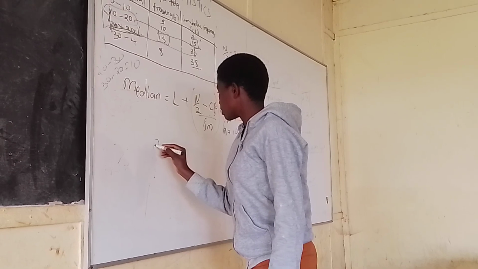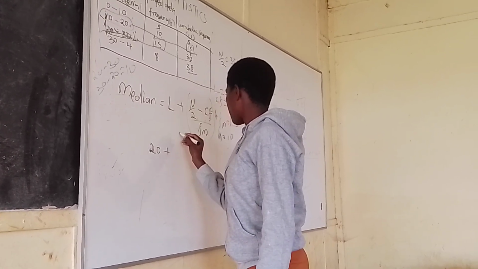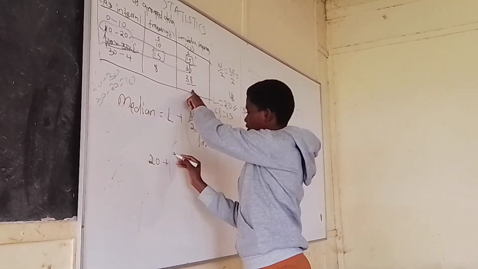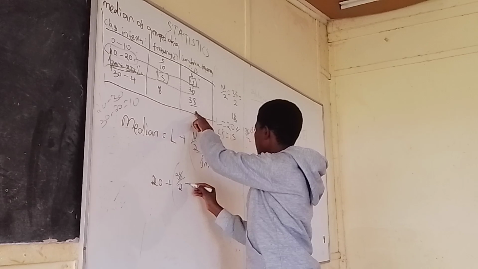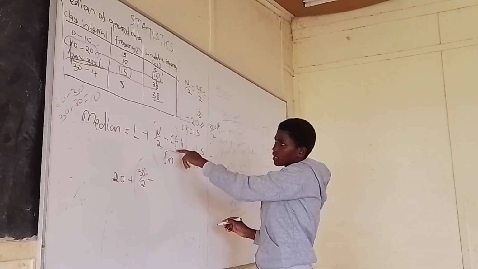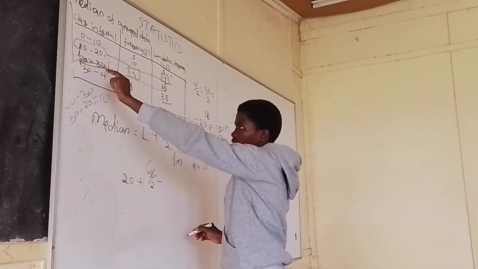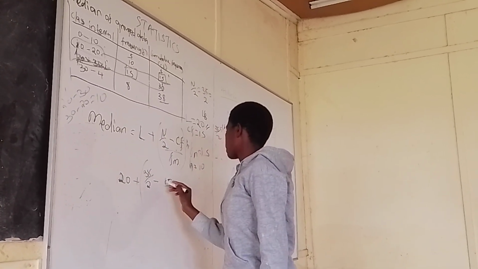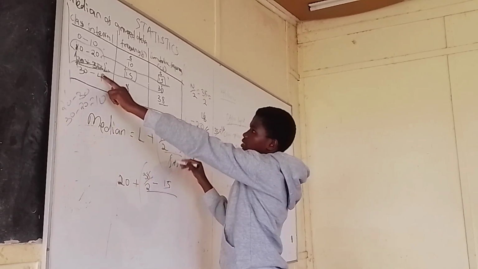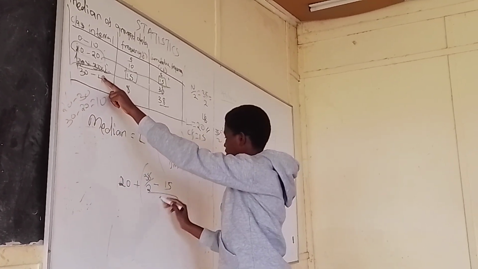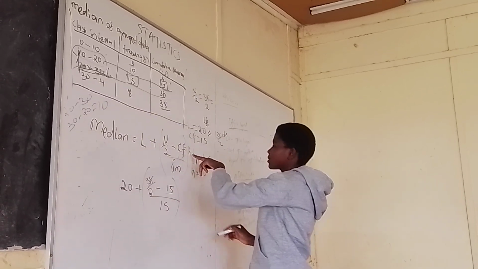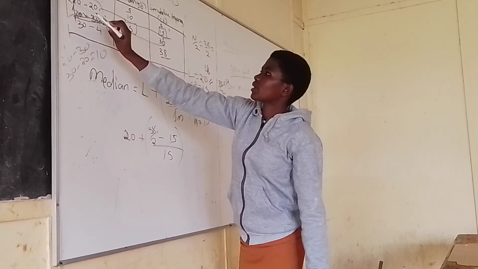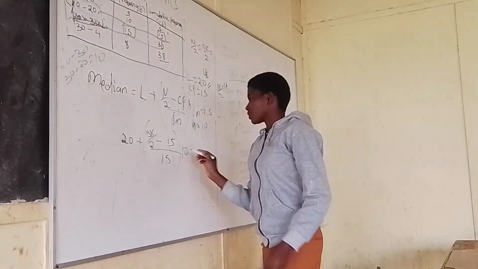So we take 20 plus N over 2. N is 38, so you divide by 2, minus the cumulative frequency of the class preceding the class interval, which is 15, over the frequency of the class interval, also 15. Then you multiply by H, the class interval, 30 minus 20, which is 10.